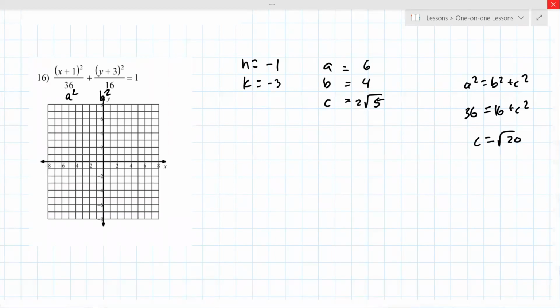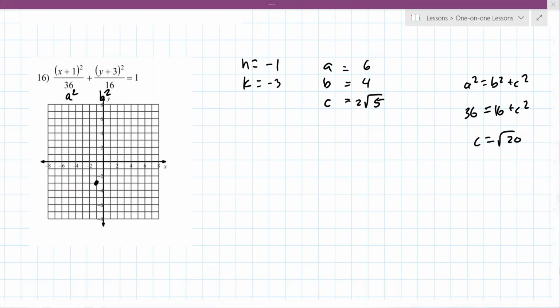But let me get the graph of this in here. We know that it's centered at -1, -3. That's there. But it's easier once you have the graph to kind of identify some of this stuff. So let me do that. X plus 1 squared over 36 plus y plus 3 squared over 16 equals 1.